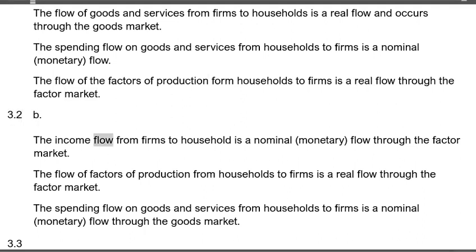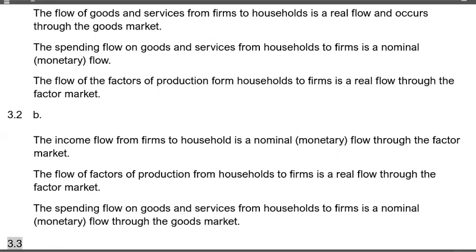The income flow from firms to household is a nominal, monetary, flow through the factor market. The flow of factors of production from households to firms is a real flow through the factor market. The spending flow on goods and services from households to firms is a nominal, monetary, flow through the goods market.